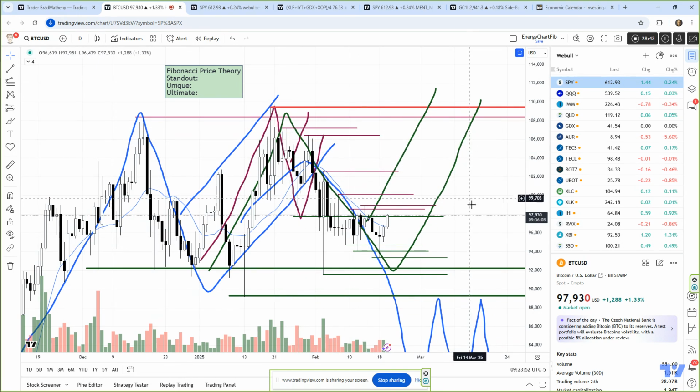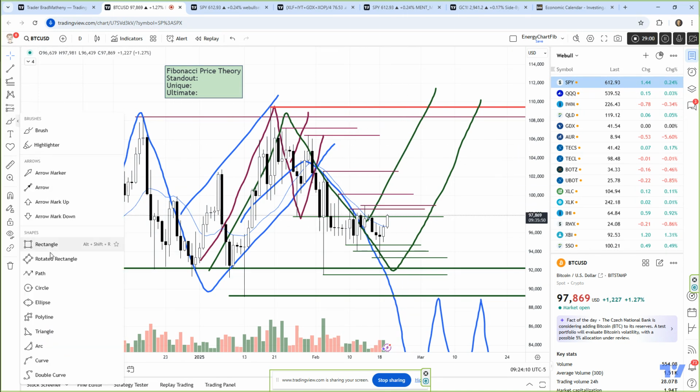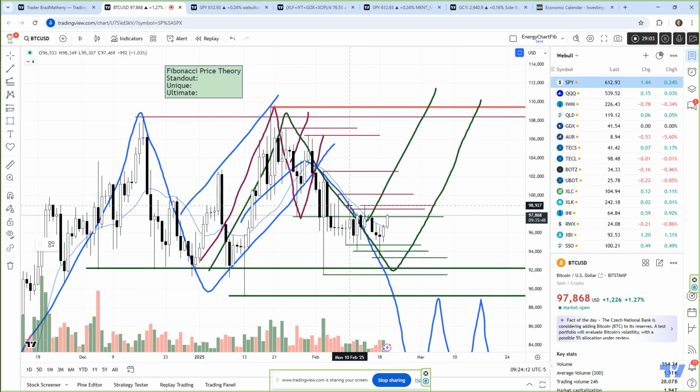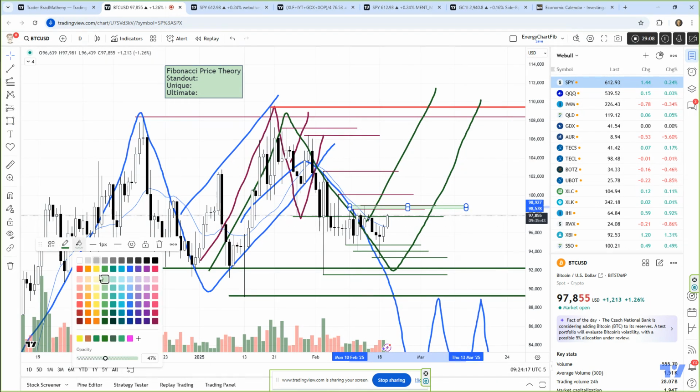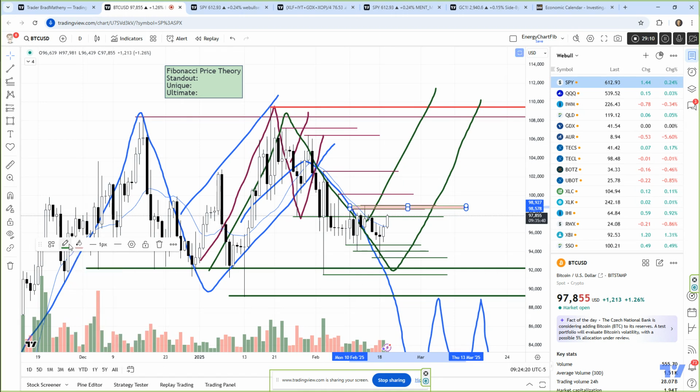So you can see how easily I just mapped this out, okay, daily. We are now breaking above this fractal low back here, okay? And so this is kind of important in the sense that we've broken above that low, but we're in between this channel. So right now, if you look at this, we're in between these high channels, and we're kind of in between these low channels down here.